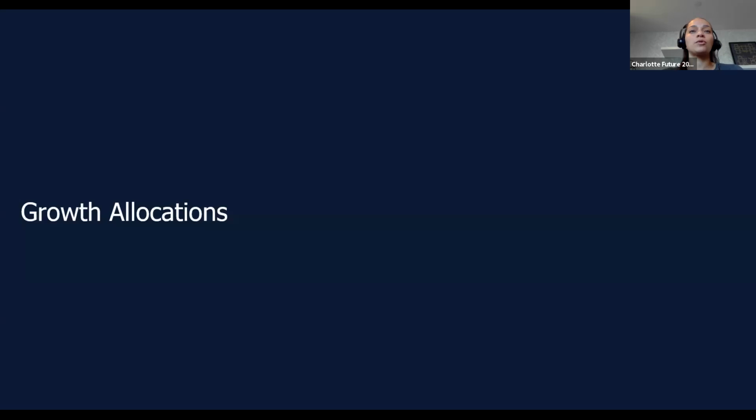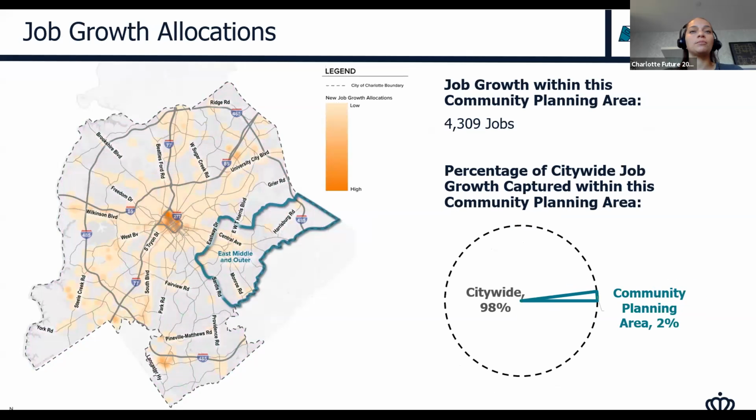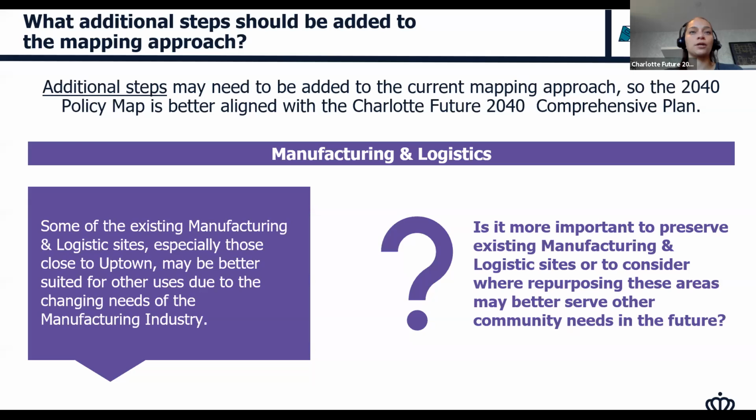Okay, so we have one more set of polling questions, and those are three. For these polling questions, we heard from some stakeholders that some of the existing manufacturing and logistics sites, especially those closer to Uptown, may be better suited for other uses due to the changing needs of the manufacturing industry, or to some extent placed elsewhere.